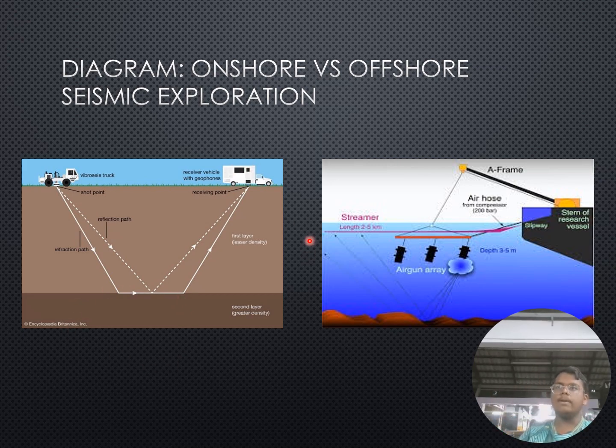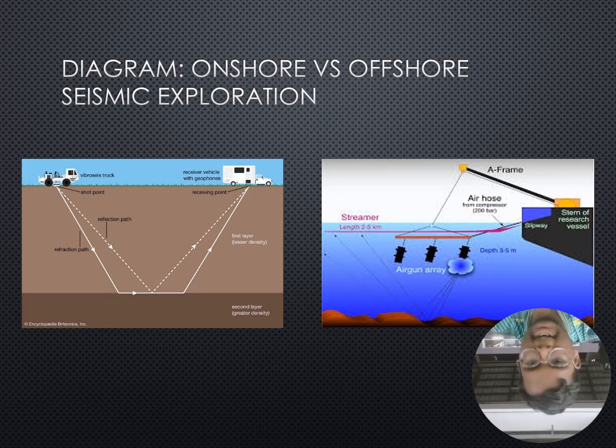The data will be collected and interpreted by the geophysicist. Okay, same goes for the offshore one, but the source is different, which is the air gun. The air gun will release the wave, and then it will be reflected and collected by the vessel, which is the receiver.